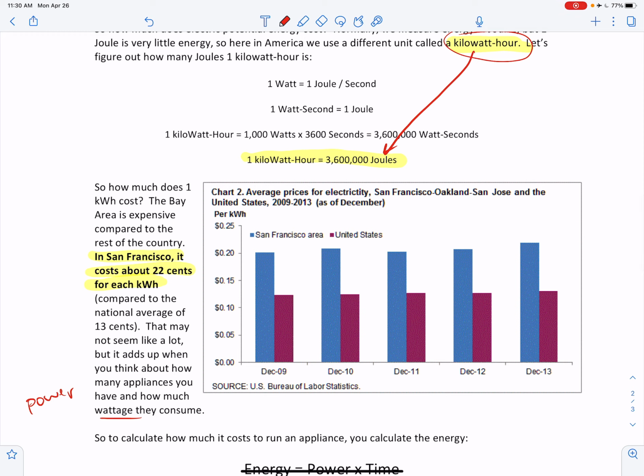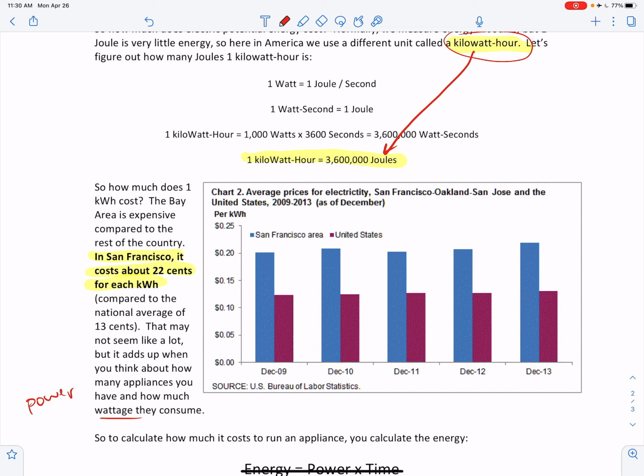So here in blue, we have the San Francisco area. We see all of the blue graphs are much higher. And then in red, we have the rest of the United States, much less. This is a little bit outdated, right? We're looking at December of 2009 to December of 2013.